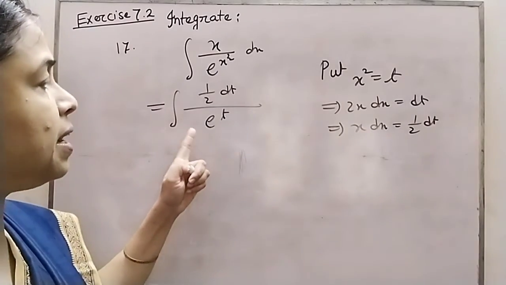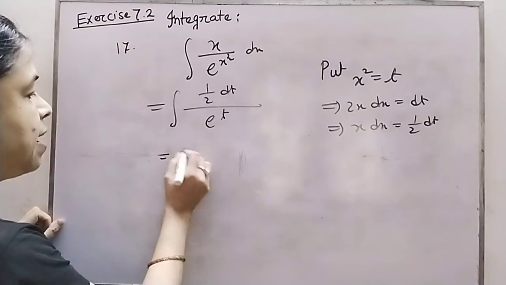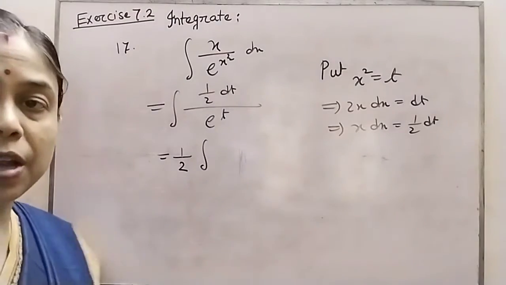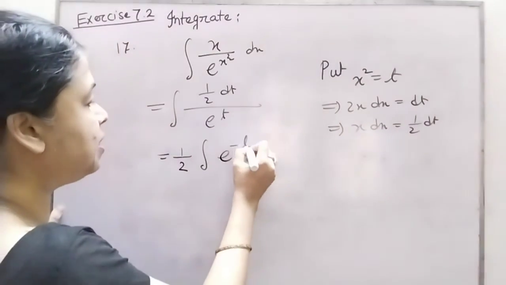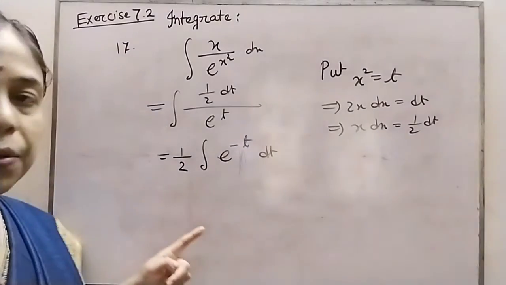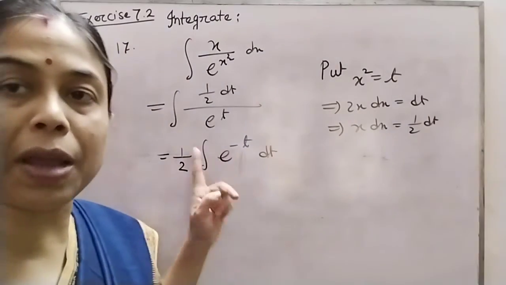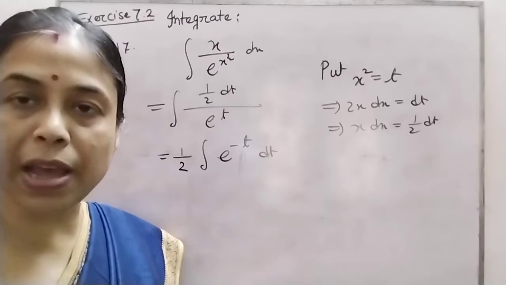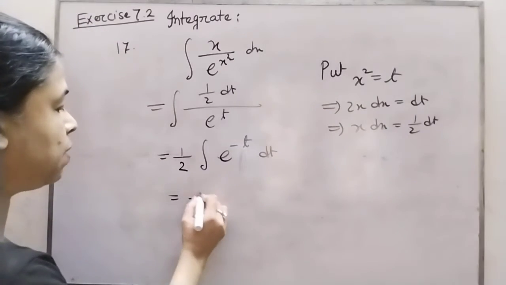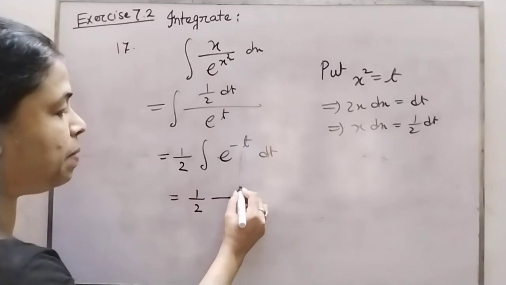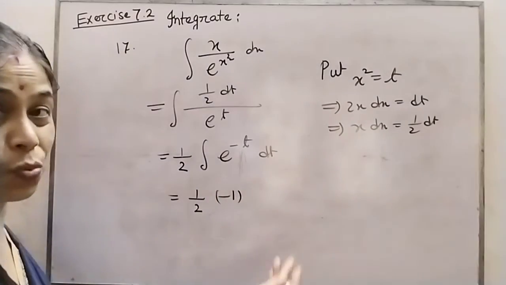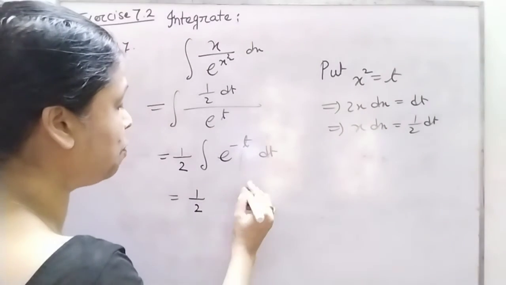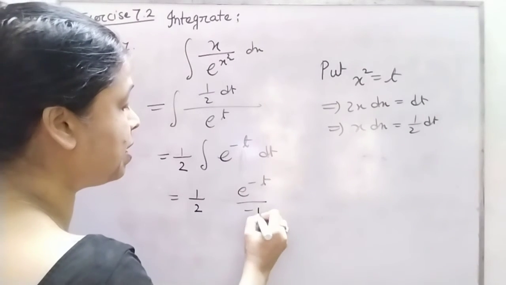And here also, one more thing is there: half is there. We have the formula for e to the power t, but don't have the e to the power minus t formula. This one will come as e to the power minus t into dt. And here you know, if it is the mx form, 1 by m will come out. Standard formula I had told all these things. So this is equal to half, e to the power minus t by minus 1, plus c.